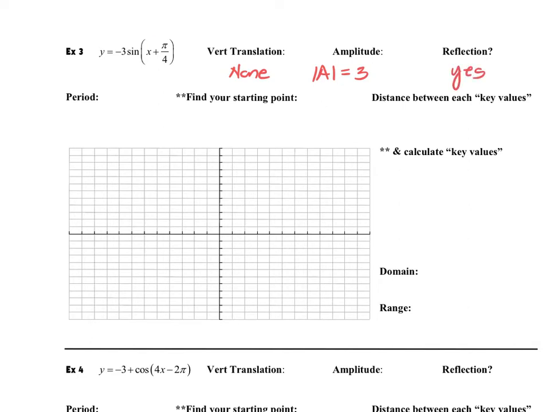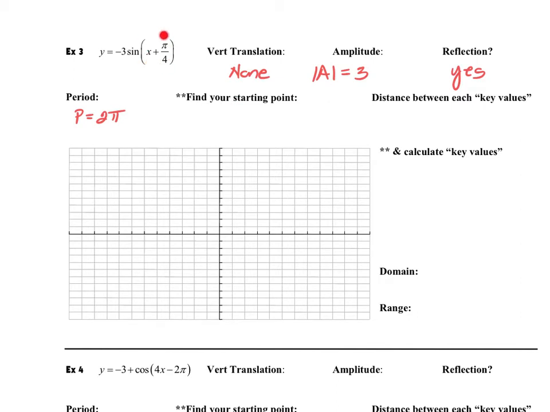Our period, we're going to determine if there's a period change if there's a coefficient on the x value. Now, this one does not have a period change, so we can just immediately identify our period is 2 pi. Our starting point is going to mean whether there's been a horizontal shift, a phase shift.